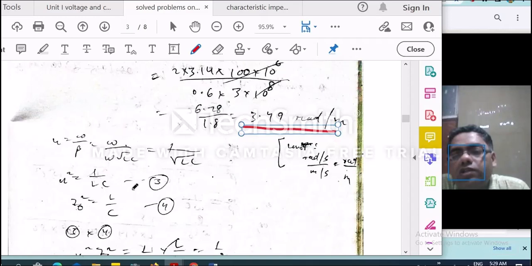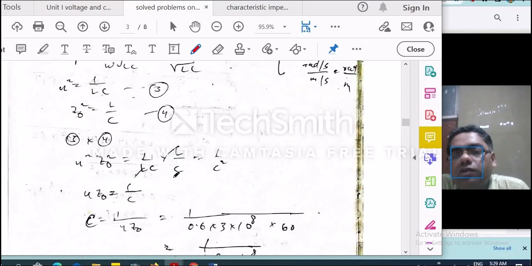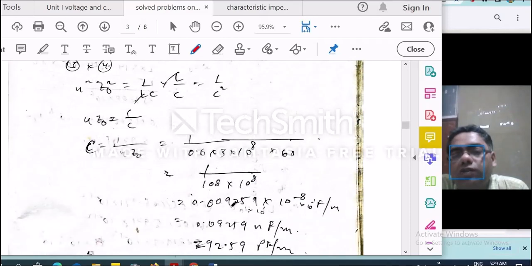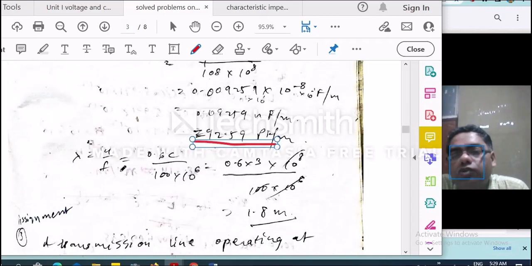Z0 square is L by C. If we multiply these two, we get u square Z0 square equals 1 by C square, so u into Z0 is 1 by C. So C will be 1 by u Z0, and we get this expression for C. And lambda is u by f. By putting the values we get 1.8 meter.